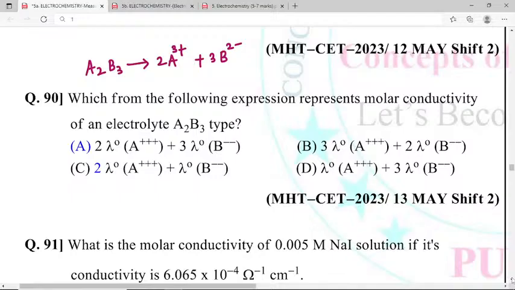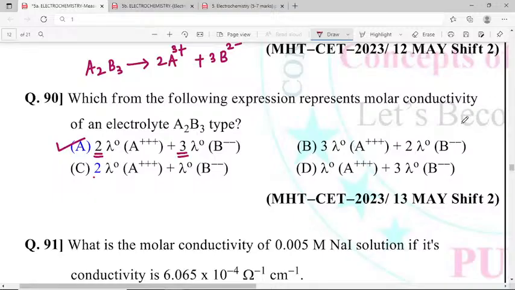So this is 2 here, this is 3 here. So option A is correct.